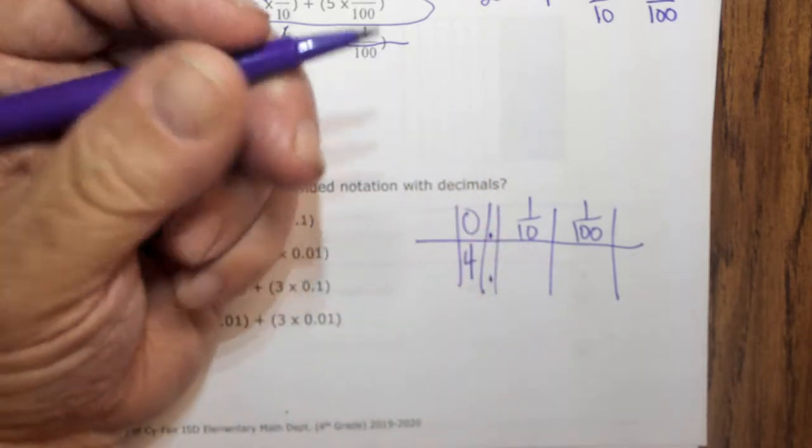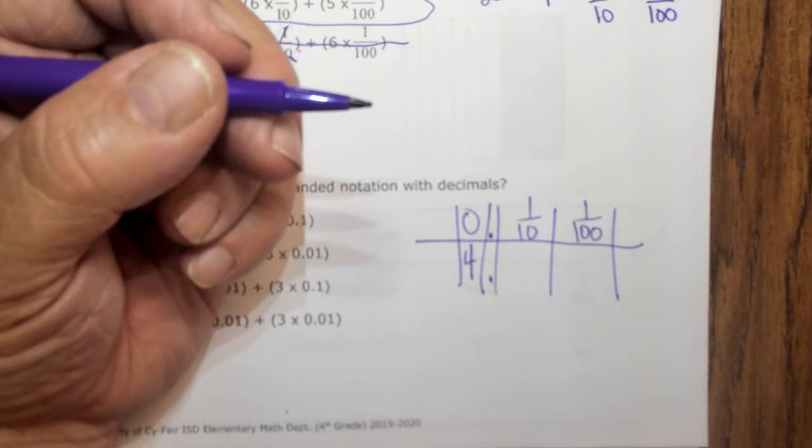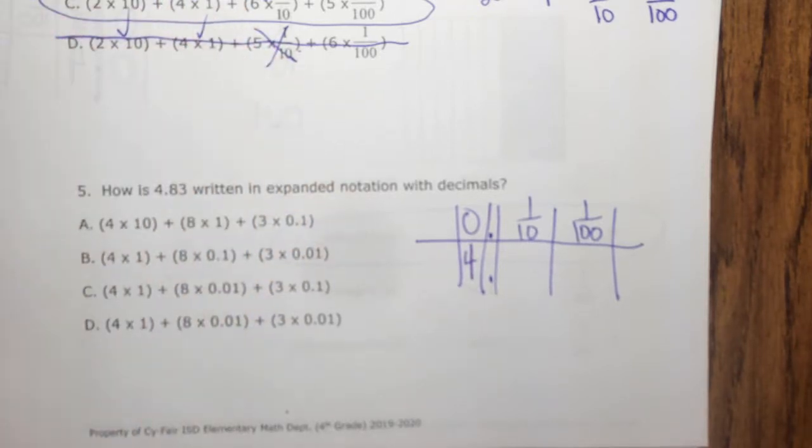How many tenths? Michaela? How many tenths? Savannah? 8 tenths. Woo! Savannah, go girl, go. All right.